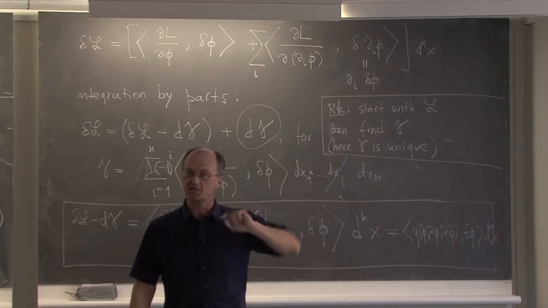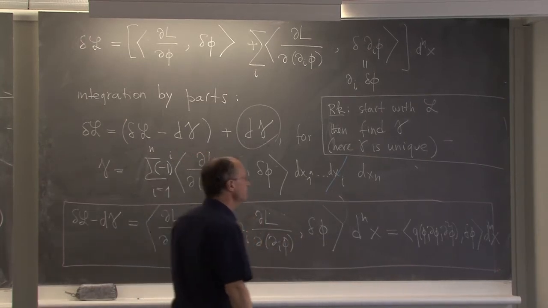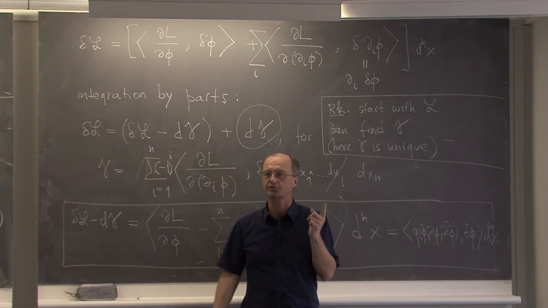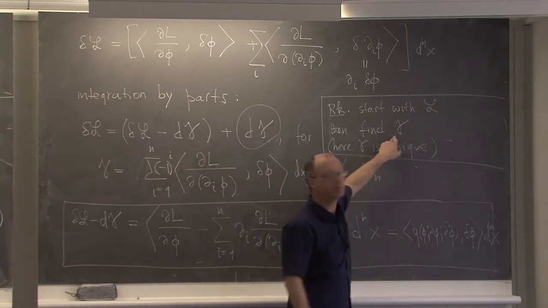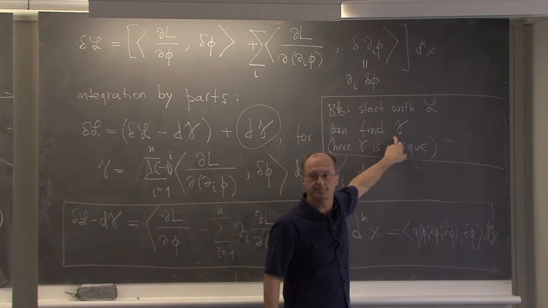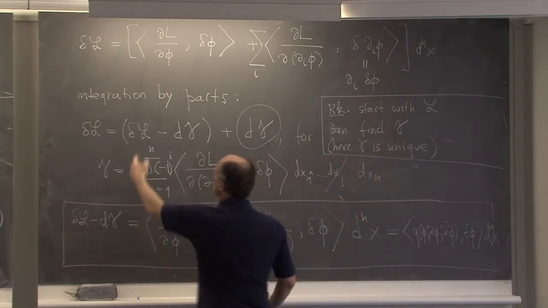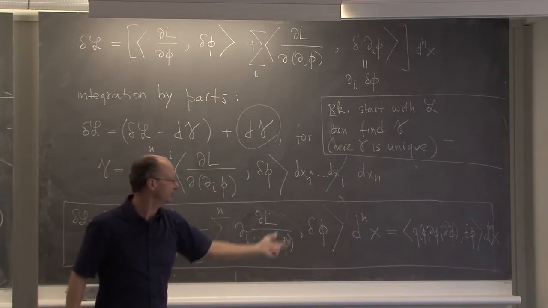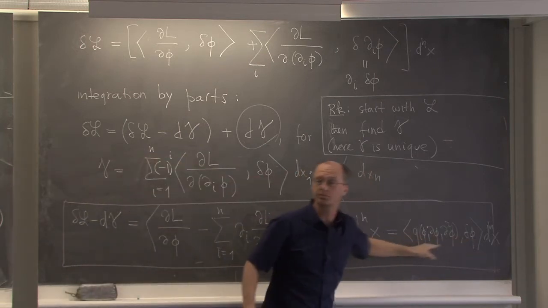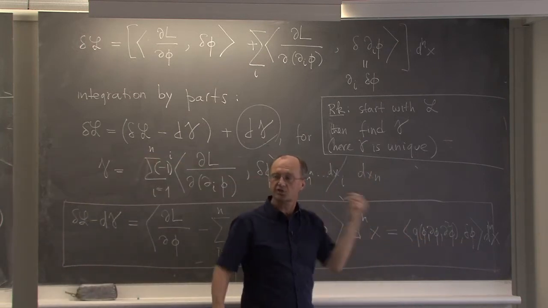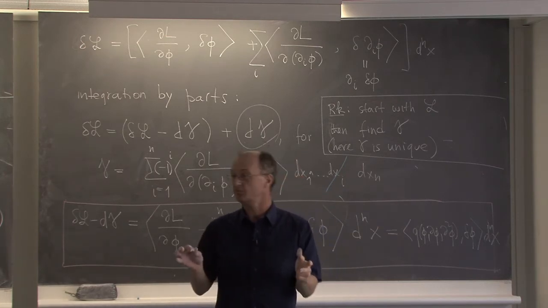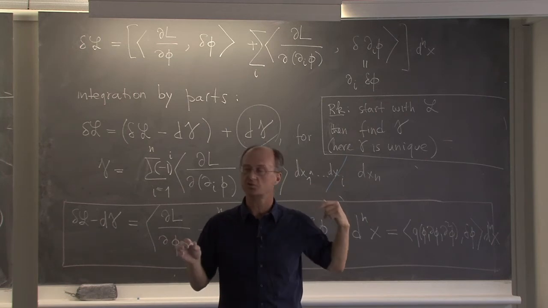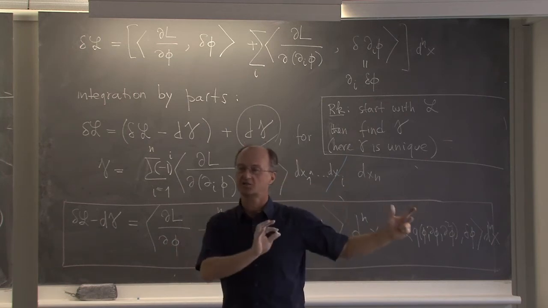In this case, if gamma is not unique, then maybe you should modify the definition of your field theory and say that you start with a pair L, gamma, such that delta L minus d gamma would be of some nice form. Right? Our definition was rather economic, but maybe in field theories with high derivatives you probably need to add this gamma.